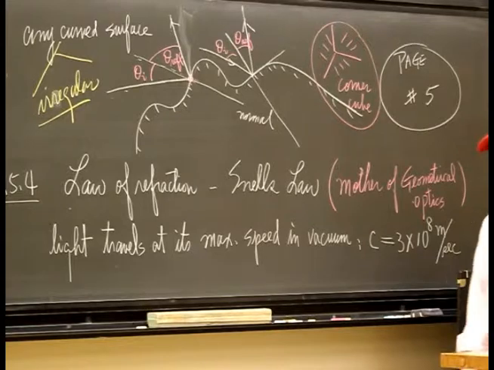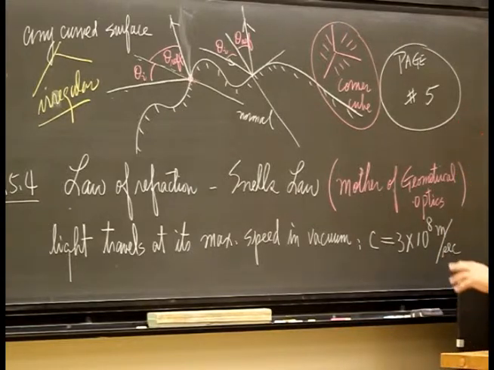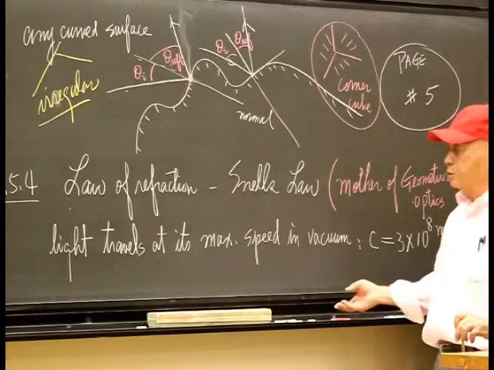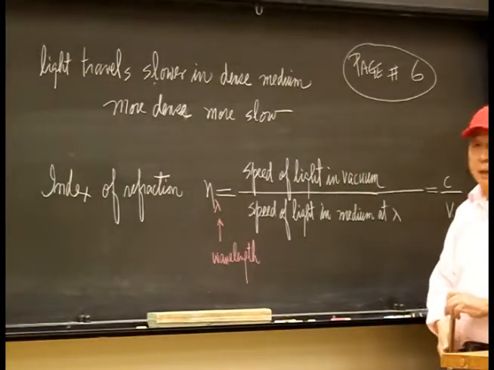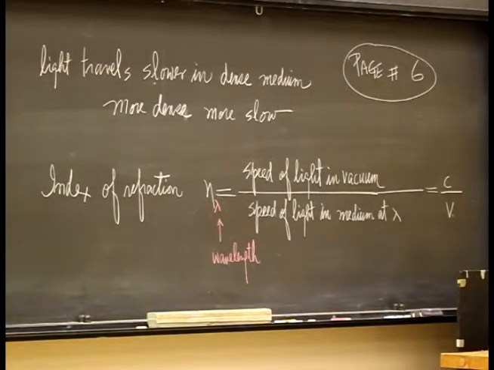This speed is maximum per se in the vacuum. In that case, c is assigned as the speed of light in vacuum, equal to 3 times 10 to the 8 meters per second. In this universe, the speed of light in vacuum is the largest one.